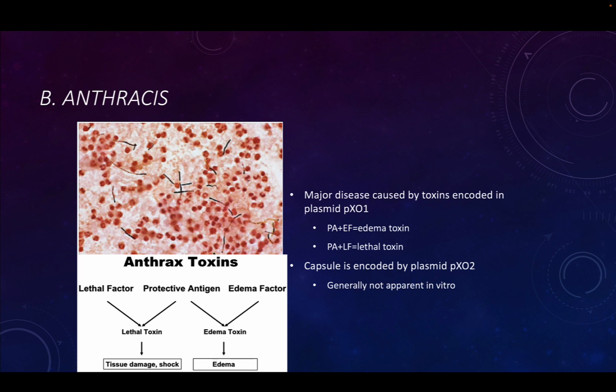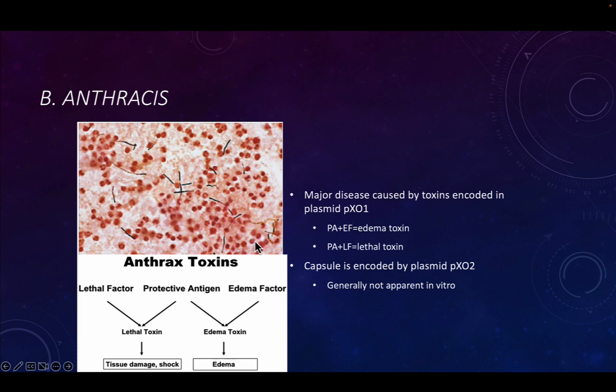Now, anthrax is one of these diseases that is not necessarily caused by the bacterium itself, but it's actually caused by toxins encoded in plasmids. So the particular plasmid that encodes the anthrax toxins is called pXO1.